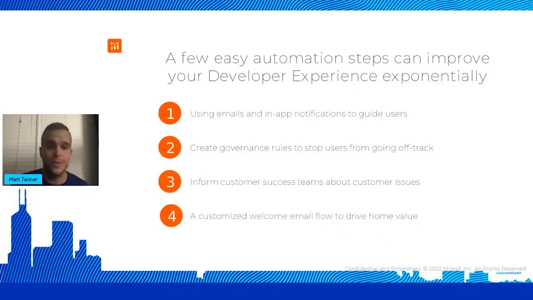If you're familiar with any type of product-led framework, you're going to see that having these bumpers, which is really what all four of these talk about, is super important. So we want to use emails and in-app notifications to make sure that if users are going off path, we can bring them back.